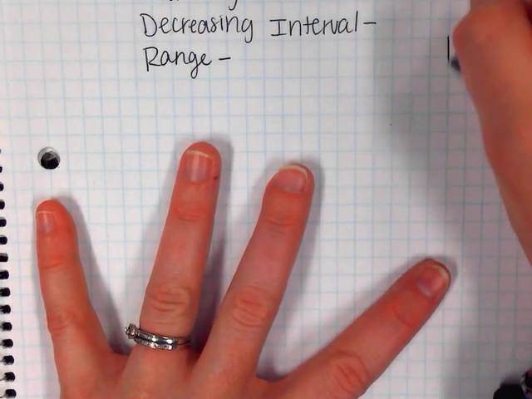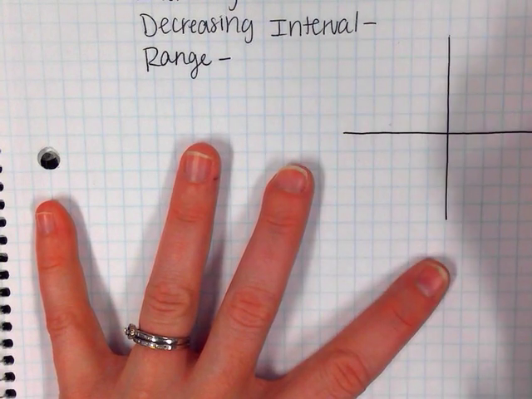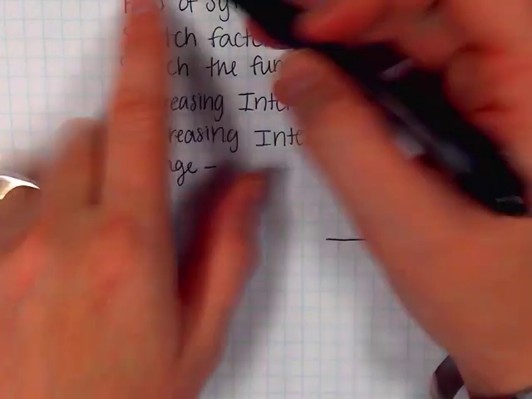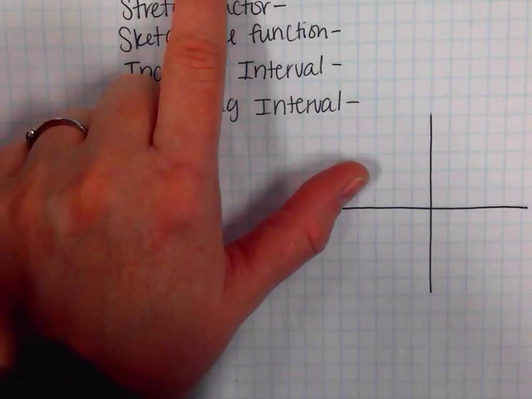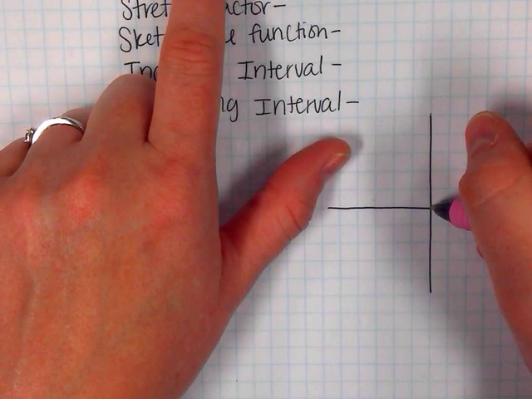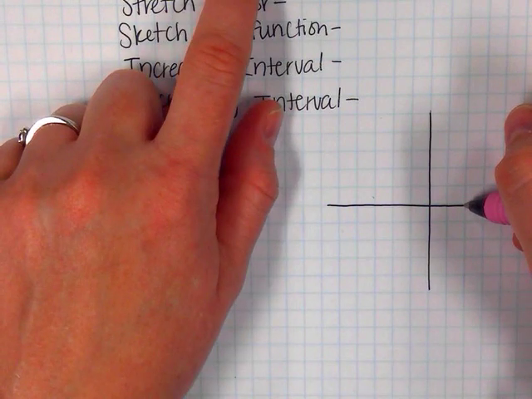So I'm going to go down here and sketch the graph. We have to go by the a, h, and k. Remember, you always move by h and k first. So if it's a negative 2, I need to move 2 to the right. And then if it's a negative 4, I need to move down 4.